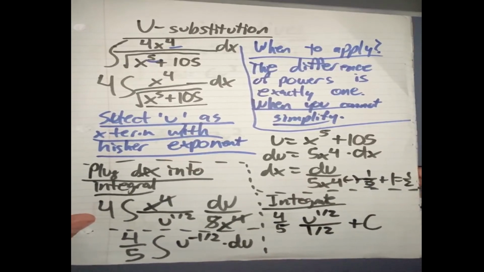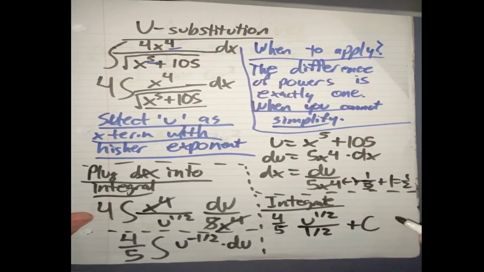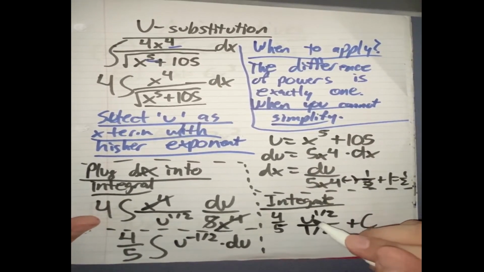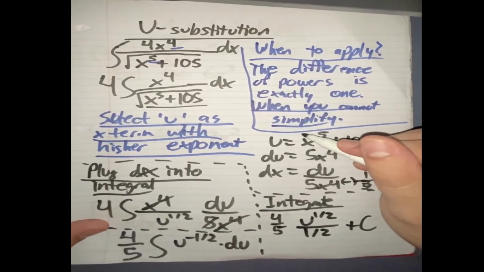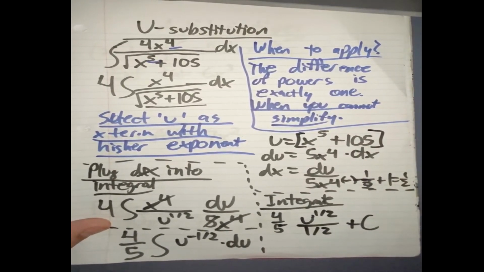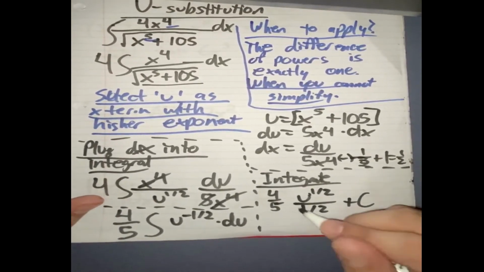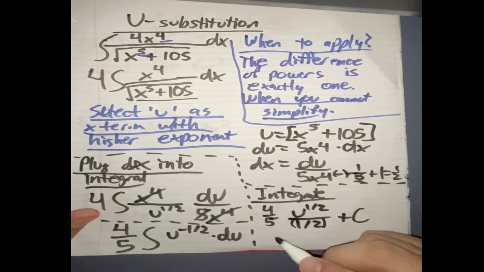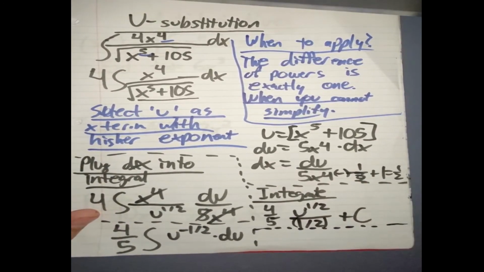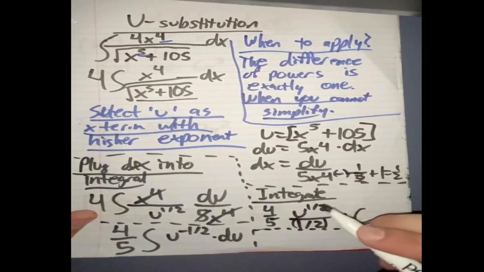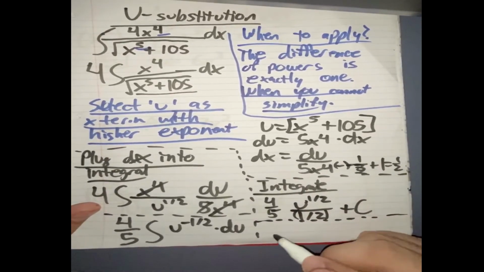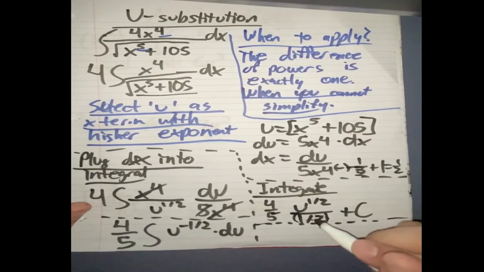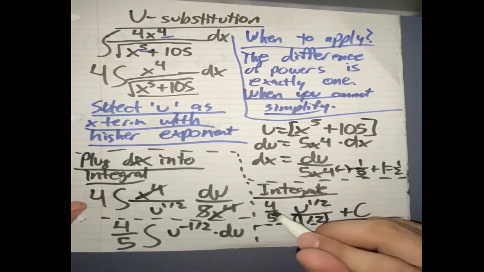To simplify this a bit further, we're going to simplify the constants, and where we see u, we plug in our x terms, which was x to the 5th plus 105. We're going to do this all in one step. In doing so, we simplify 4 over 5 divided by 1/2, which equals 8 over 5, because since this fraction is in the denominator, we reciprocate it and multiply by this constant.